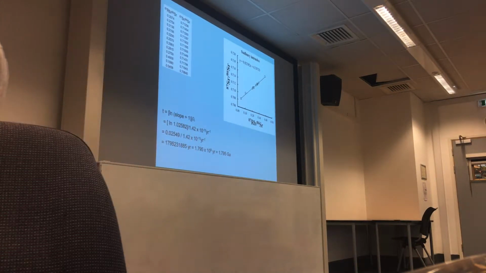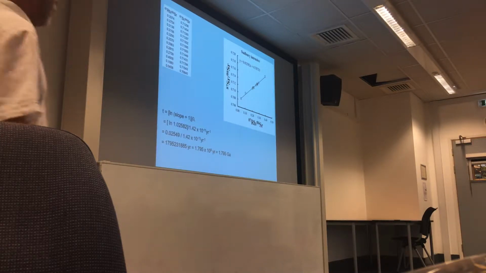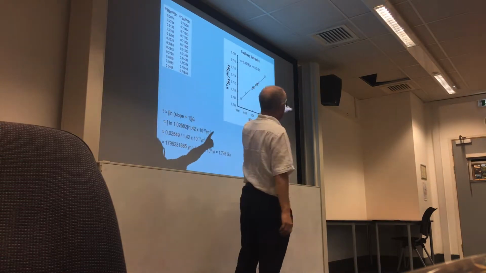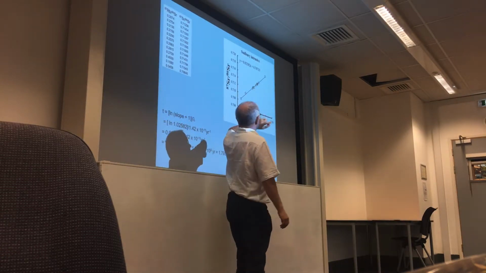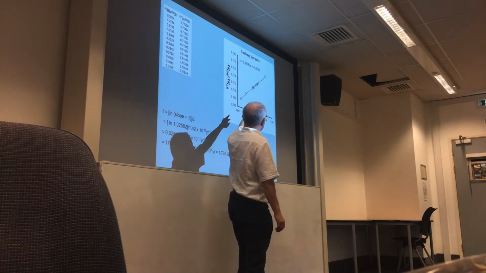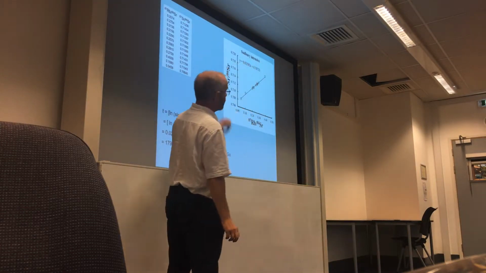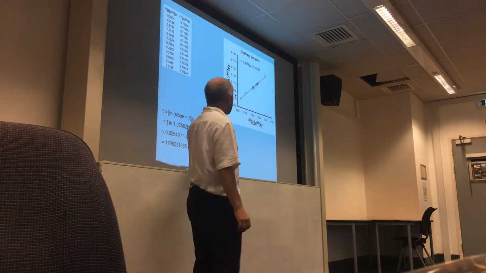Okay, a few things to get from this. First of all, although the data define pretty good straight lines, it's not perfect. Some of those dots are a little bit above the line, some are a little bit below the line. This is an old rock.